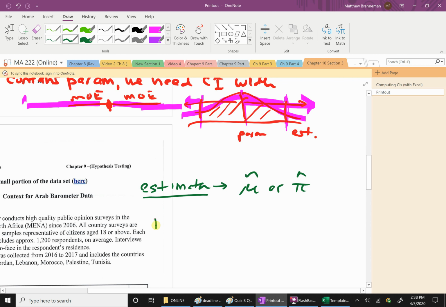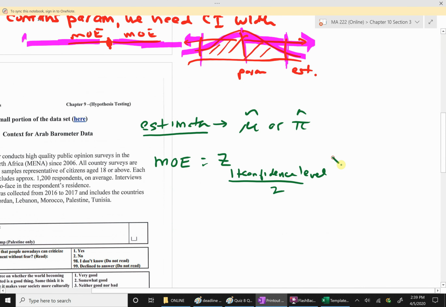Our margin of error is going to be our z-score, which is going to be the z-score for the (1 plus confidence level) divided by 2 percentile, times whatever the estimated standard deviation is for our estimator.